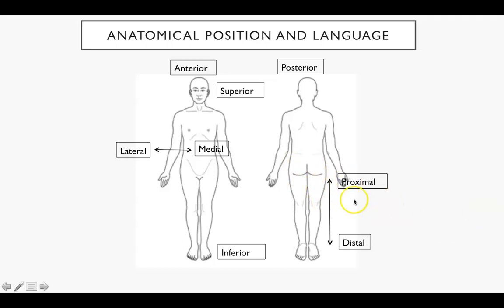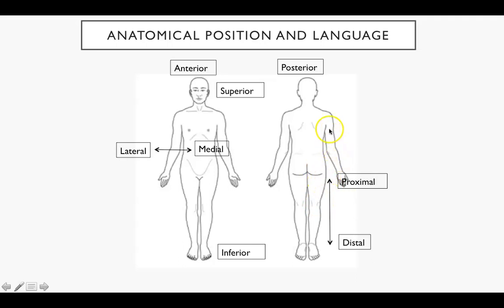The thigh bone's origin is up here, it starts at the hip and grows down and ends up at the knee. So if someone said the distal aspect of the femur, they meant this lower portion of the thigh bone. The proximal part of the femur is up close to the hip.